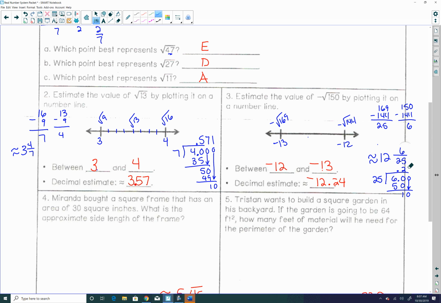It's 10. It doesn't go in. I am so messing up right now. It is indeed 10, not 1. I'm losing it. I need more coffee. Okay, so 25 goes into 100 4 times, and that's how I got my answer, about 12 and 24/100.